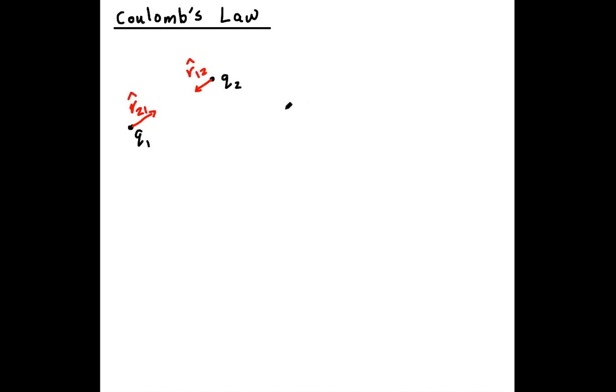Now, the force that Q2 feels from Q1 is given by a specific expression, and we can use Coulomb's law to understand this. Coulomb's law says that the electrostatic force between two charges is equal to some constant K times charge 1 times charge 2 all over R squared.